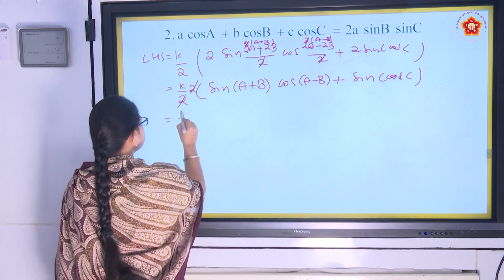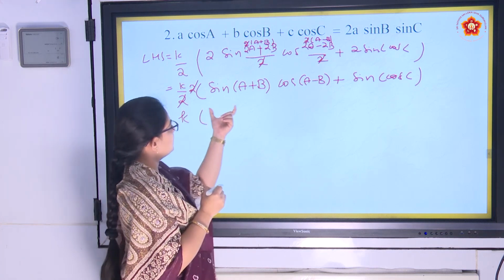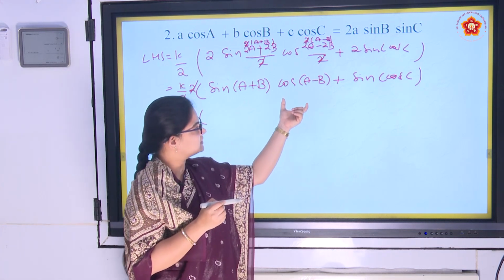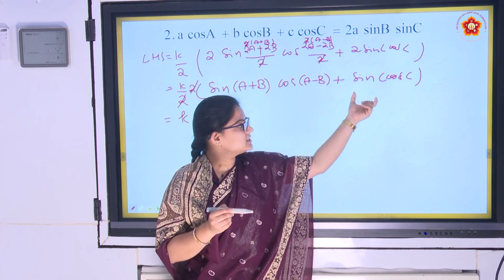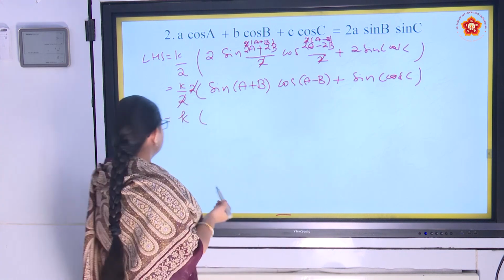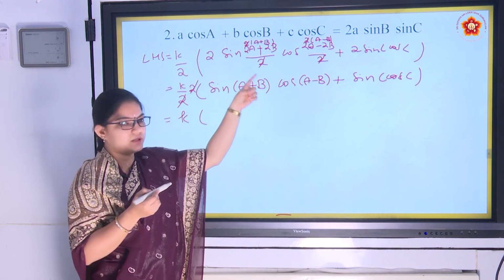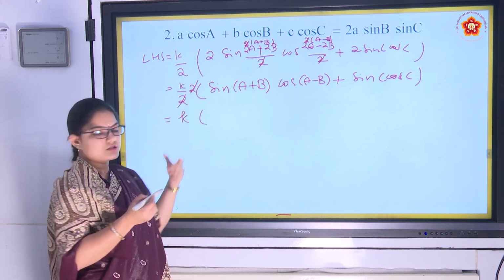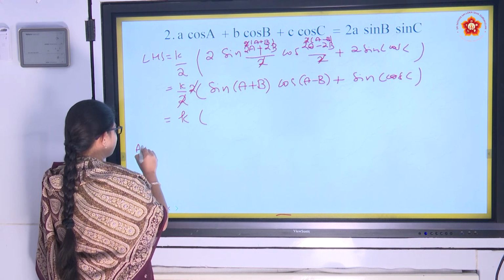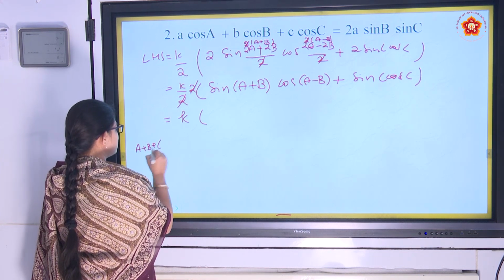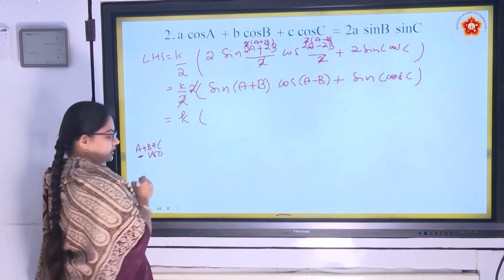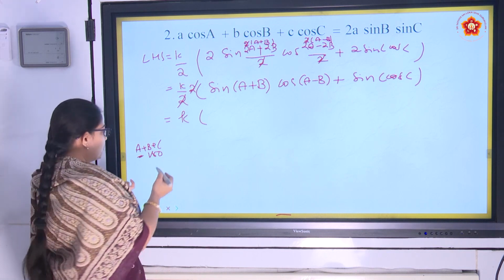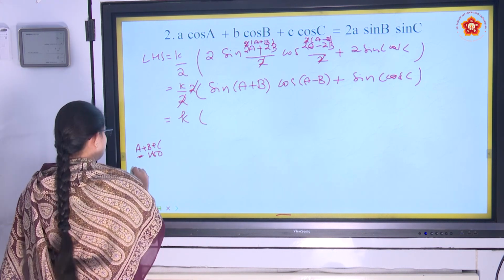Now, so what is remaining? K into sin A plus B into cos A minus B plus sin C cos C. Now, we know since these A, B, C, the angles are nothing but the angles of a triangle. So, we know sum of the angles of a triangle A plus B plus C is equal to 180, right? Pi. So, what is A plus B then?